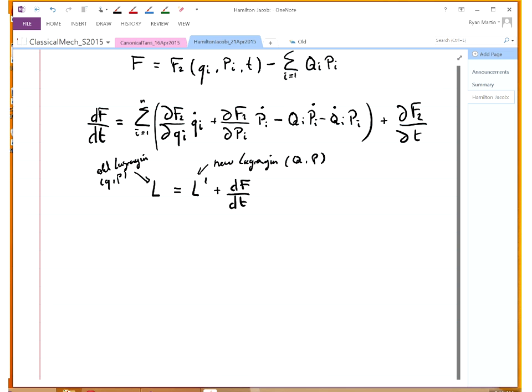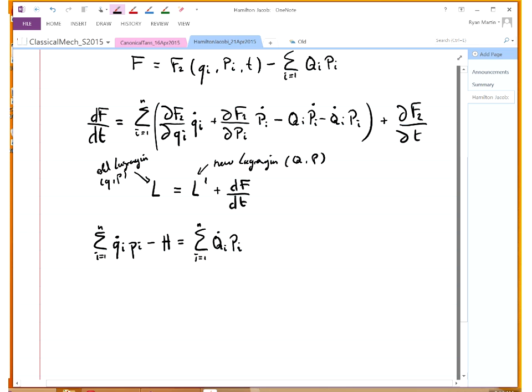So the old Lagrangian, it's easy to go back and forth between the Lagrangian and the Hamiltonian, right? So the old Lagrangian we can write as the sum over the degrees of freedom of qi dot pi minus the Hamiltonian. And then the new Lagrangian, L prime, will be the sum from i equals 1 to n.